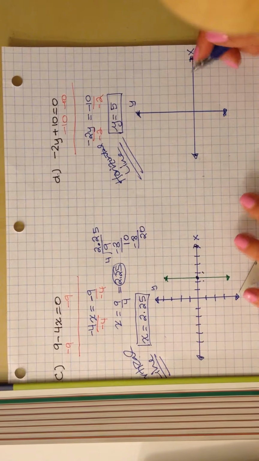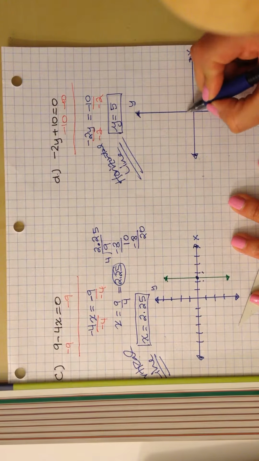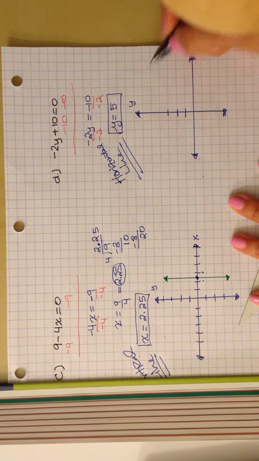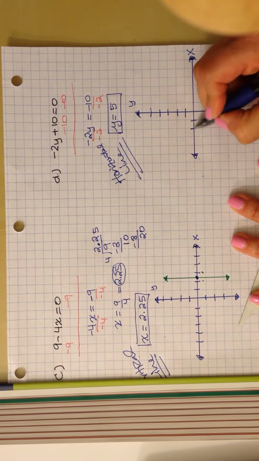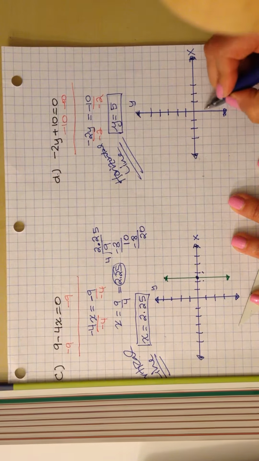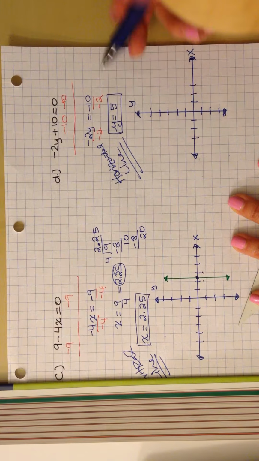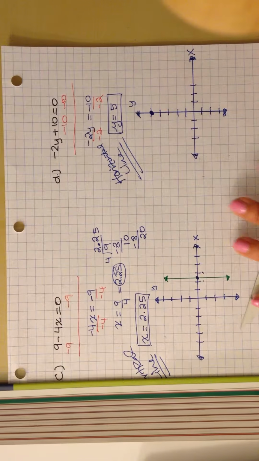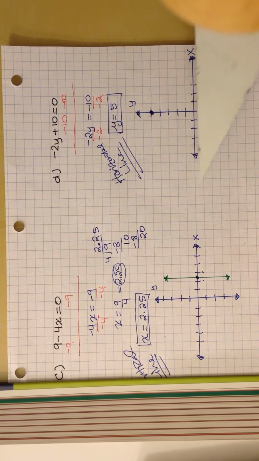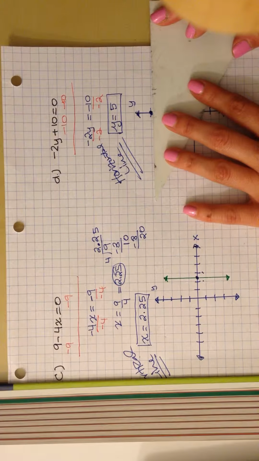All right, so let's see, y equal to 5 will be on the y-axis. All right, so here's 5. 1, 2, 3, 4, right here. Okay, and then of course, horizontal line, so it just goes through 5.